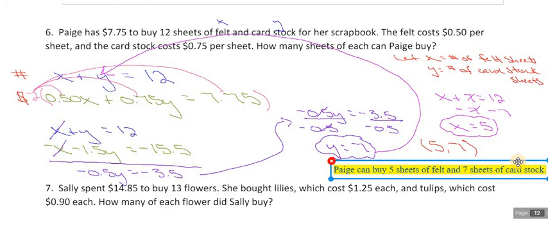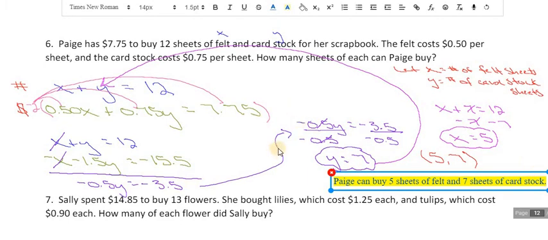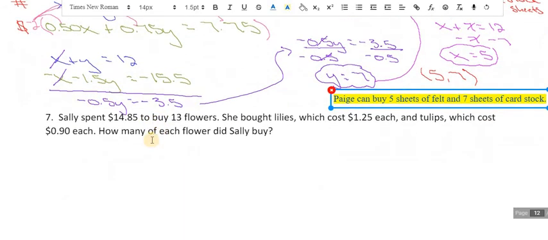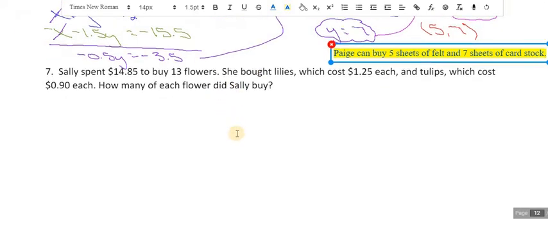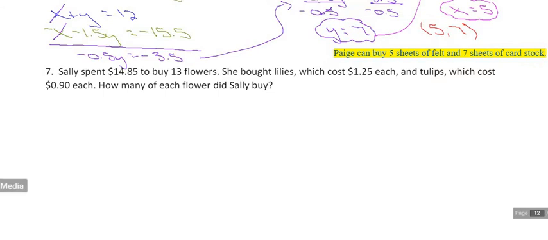Okay, let's take a look at number 7. Number 7 says Sally spent $14.85 to buy 13 flowers. She bought lilies, which cost $1.25 each, and tulips, which cost 90 cents each. How many of each flower did Sally buy? So we have another situation here where we've got quantity and money.